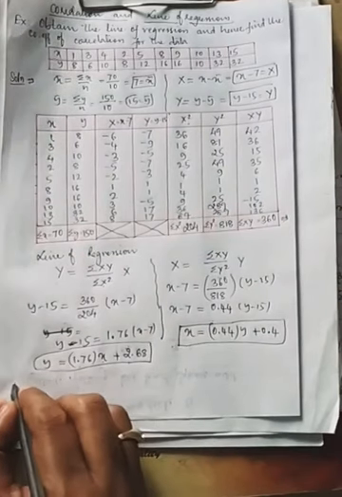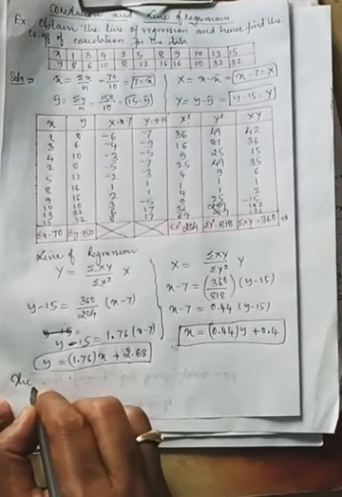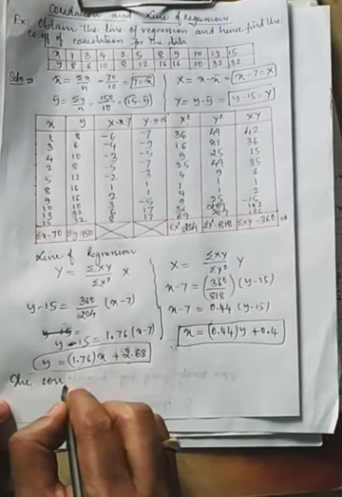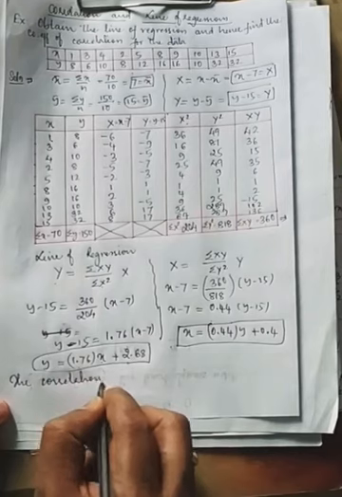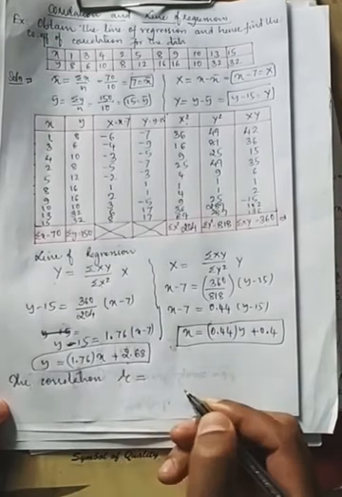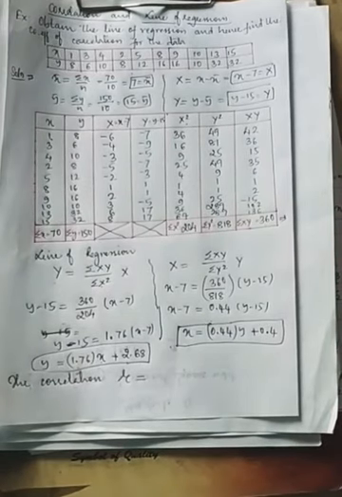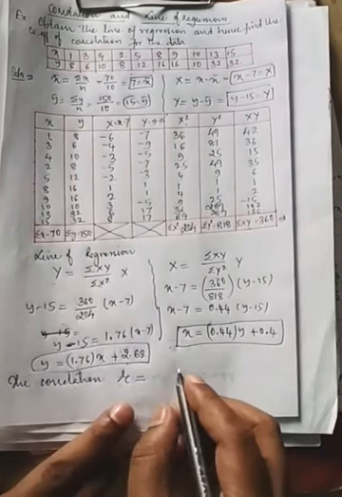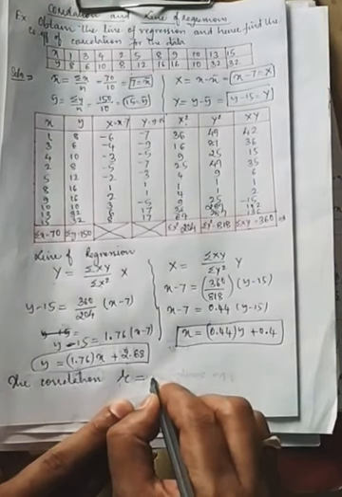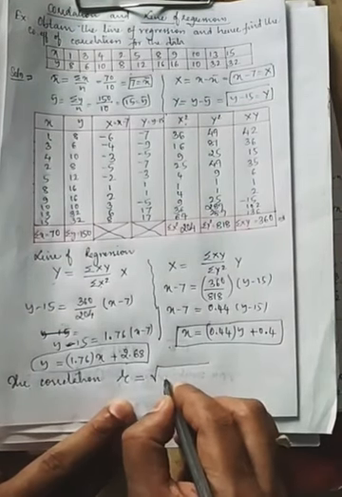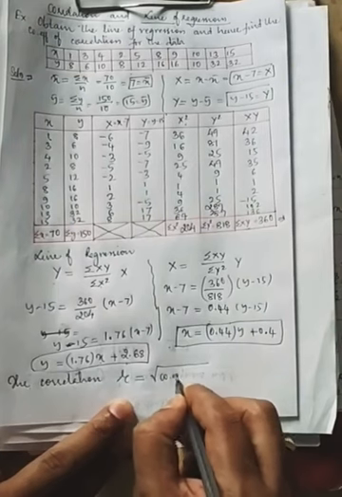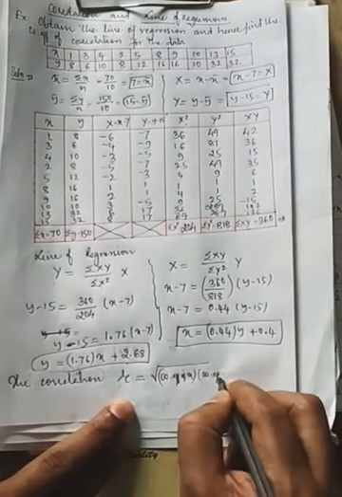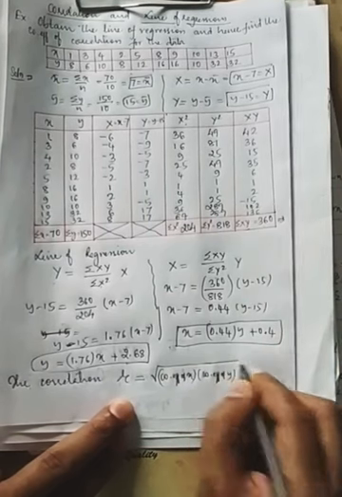Then we need to calculate the correlation. What is the correlation formula? If you have already calculated the line of regression, then the correlation formula is very simple. That is plus or minus the square root of coefficient of x into coefficient of y.